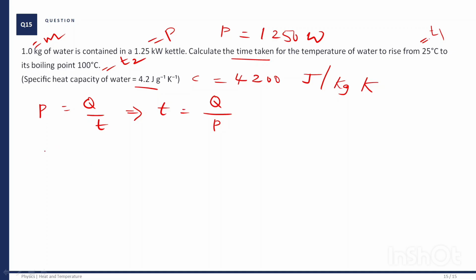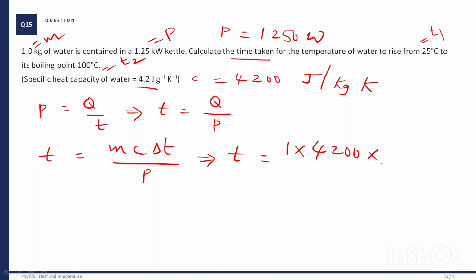Then finally we have the equation time T equal to Q, which we don't know. So I will write M C delta T by P. That implies time T equal to M value is 1, C value is 4200 into change of temperature 100 minus 25.